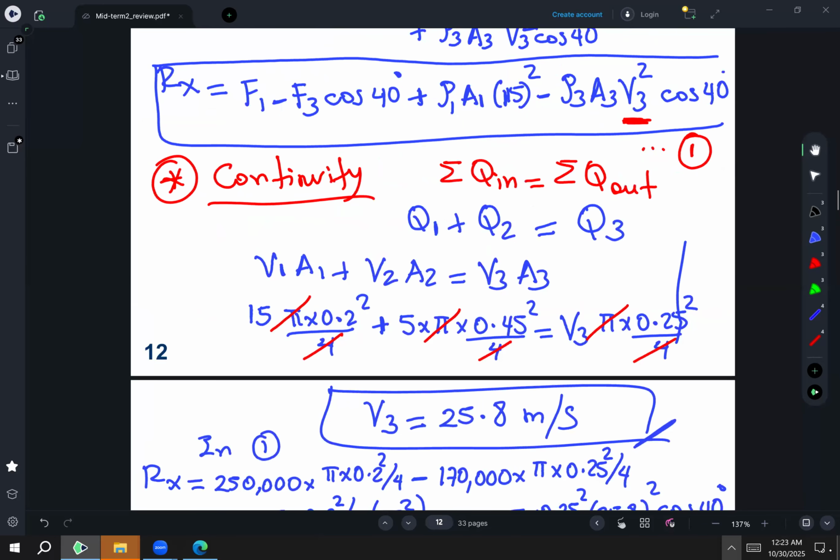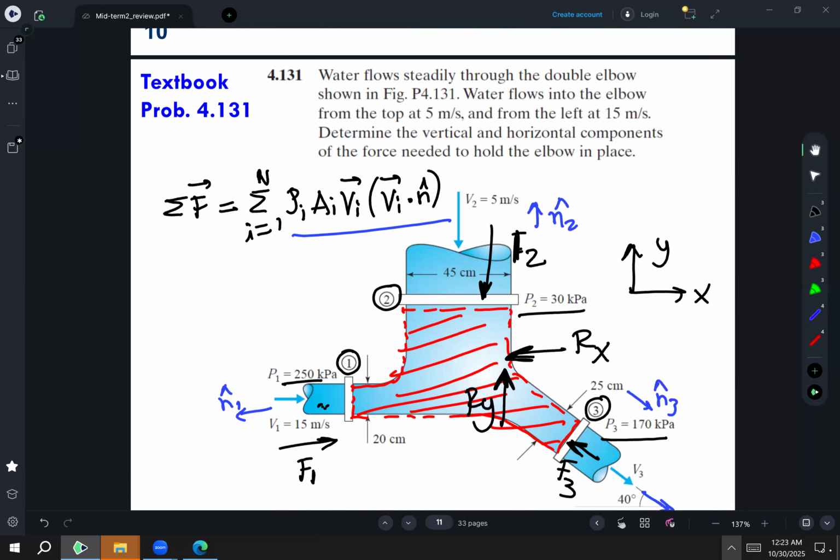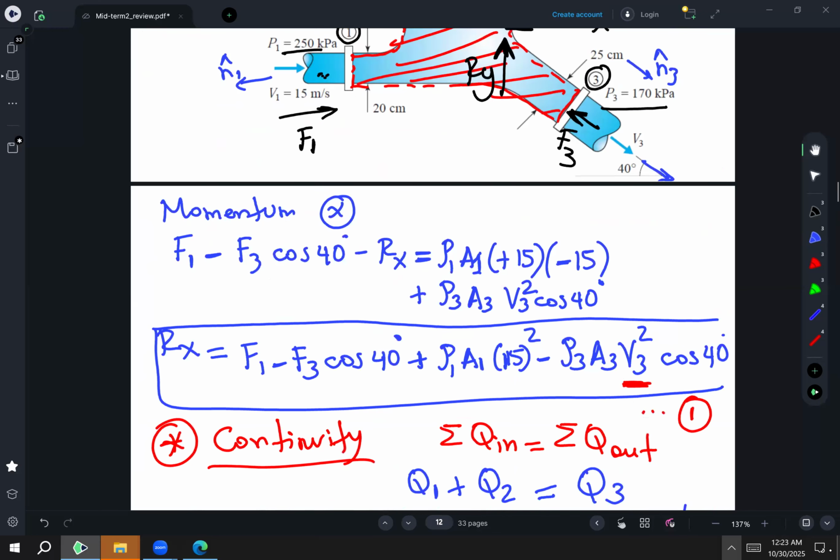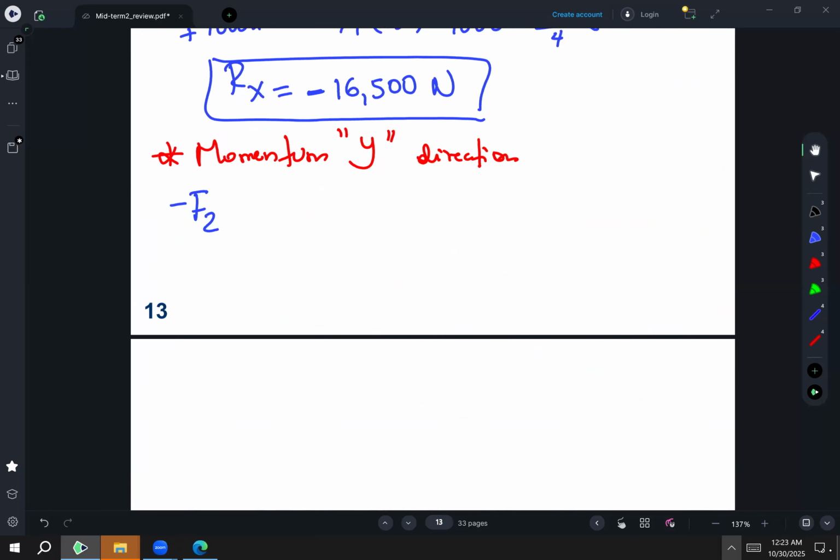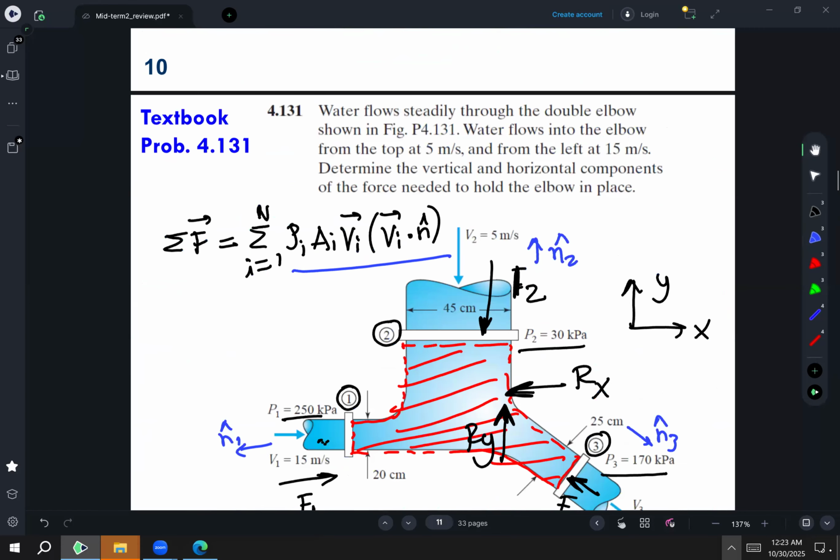And then the reaction in y is pointing in the positive y direction, so it's going to be plus Ry. And also I have a component for pipe 3.